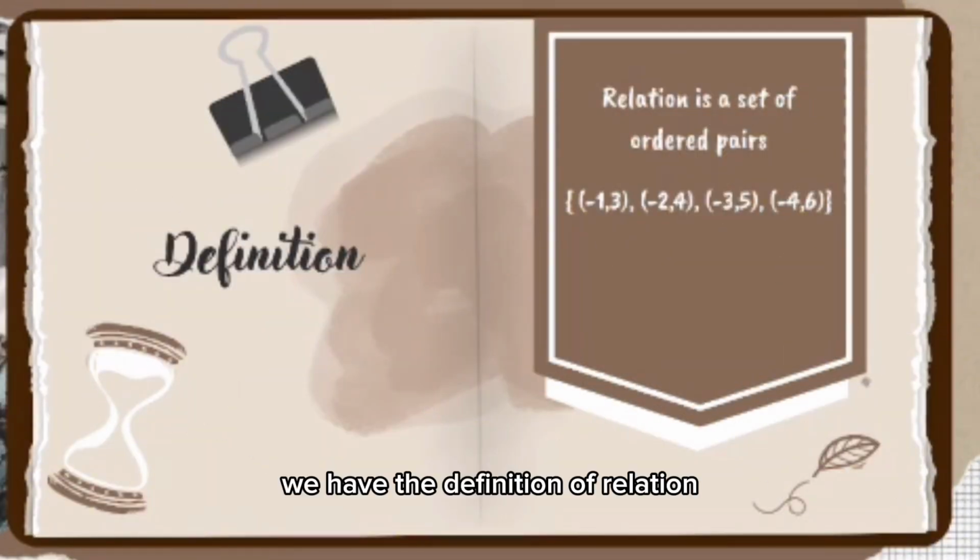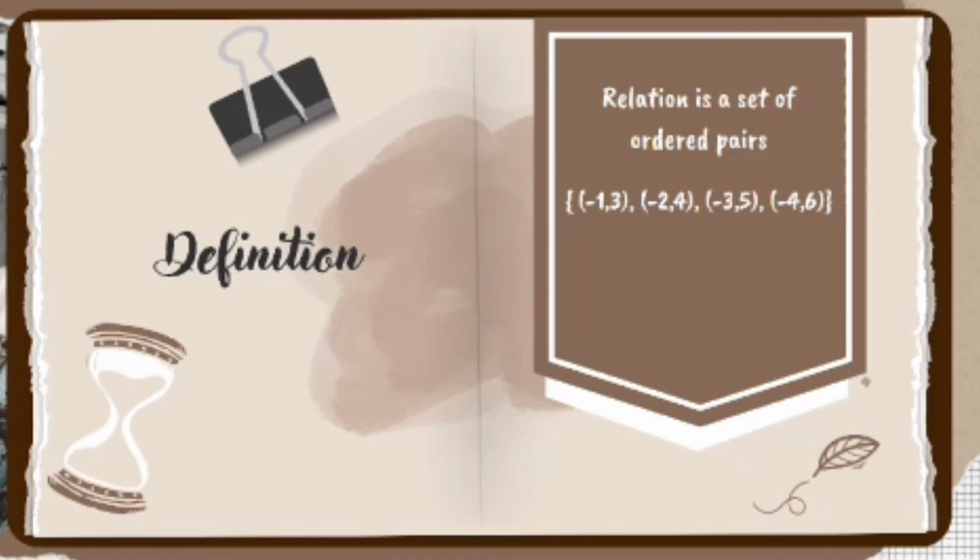We have the definition of relation. A relation is a set of ordered pairs. I have an example of relation in which, as you can see, I have here 4 different ordered pairs.